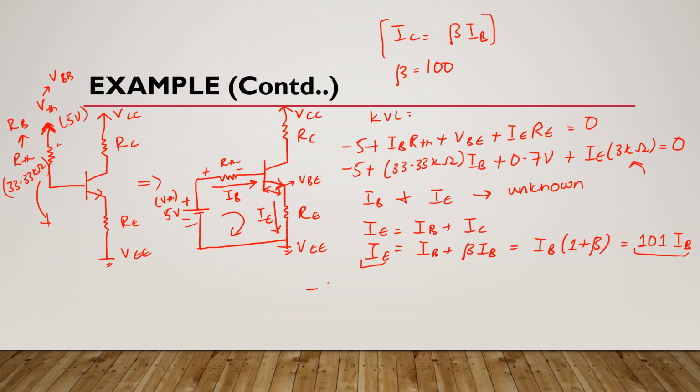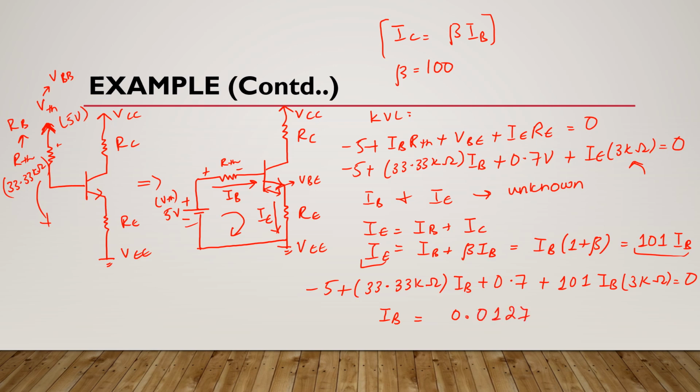Okay, so if I substitute this value of IE in this equation, I get minus 5 plus 33.33 kilo ohms IB plus 0.7 plus 101 IB multiplied by 3 kilo ohms is equal to 0. Okay. So after solving this, you will get IB is equal to 0.0127 milliamperes.